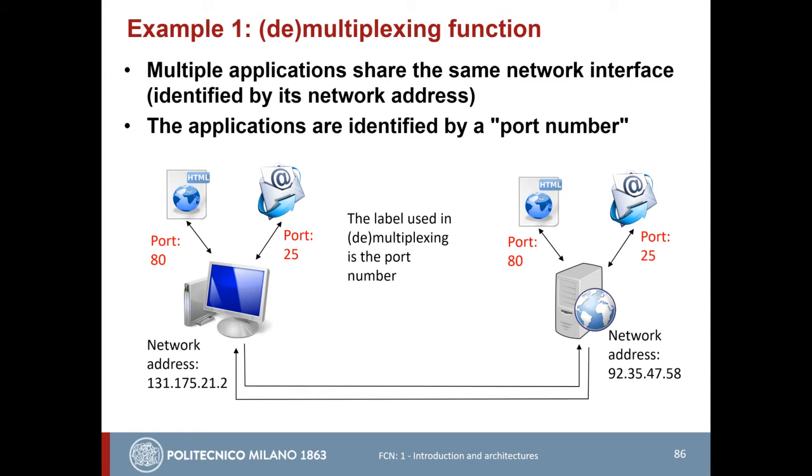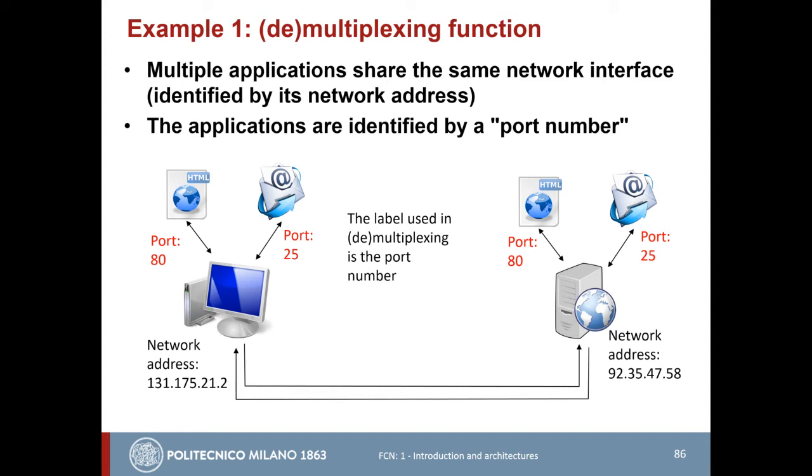Then you can imagine that you are interacting with one server. Maybe they are two separate machines, but just to simplify, you are interacting with one server machine. This has a unique interface with the network that is identified by another IP address. But here you have web browsing and email.